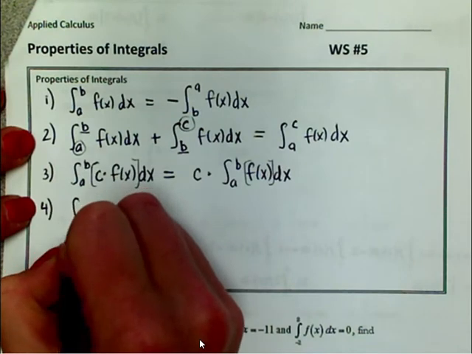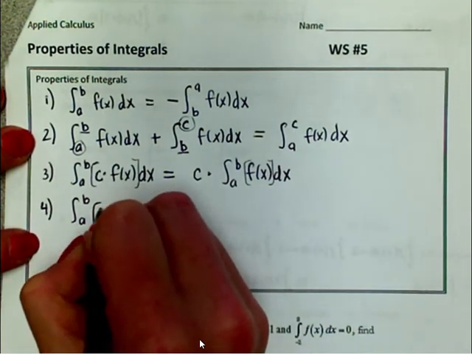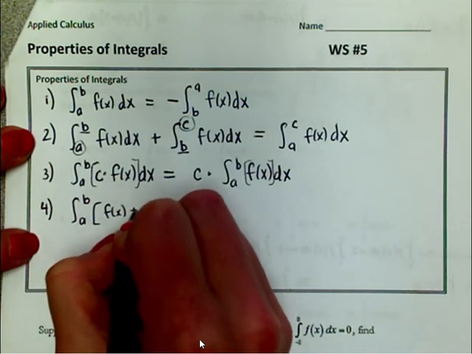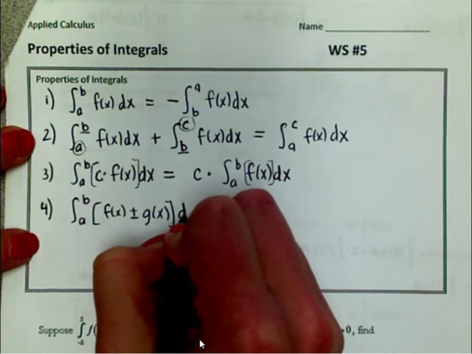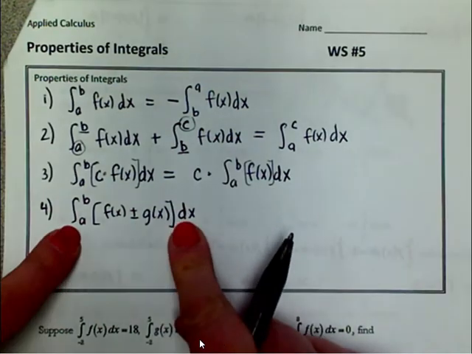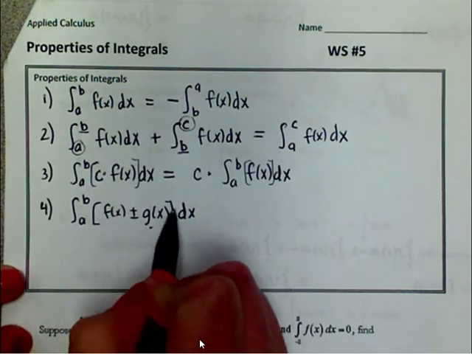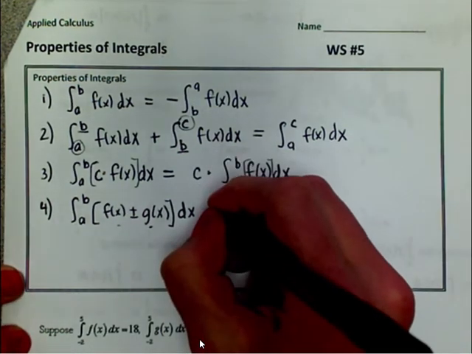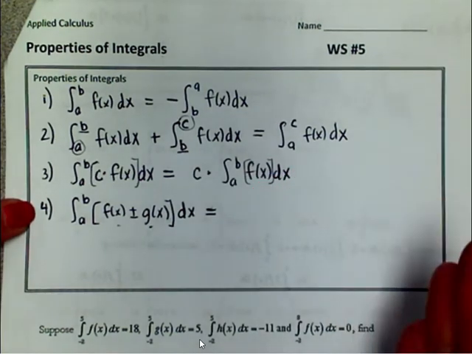All right, so now we have the integral from a to b of f of x plus or minus g of x. Notice that the integral and the dx, that's the start and that's the end of the integral. We want the area under both pieces on the inside. And when we had derivatives, we took the derivative of each part separately.